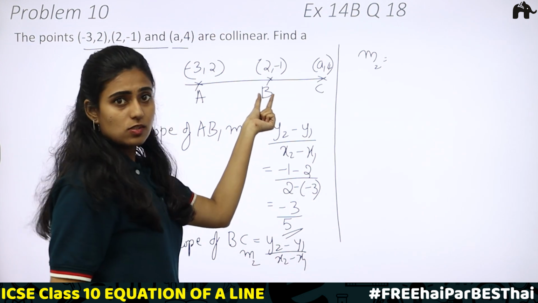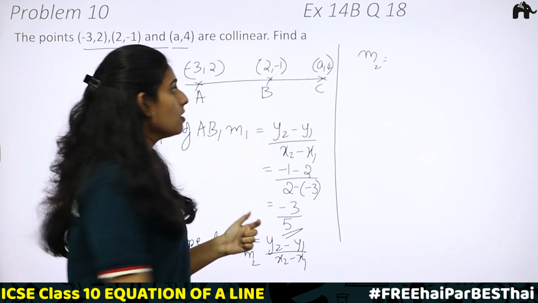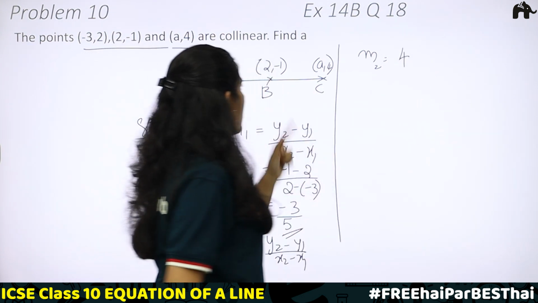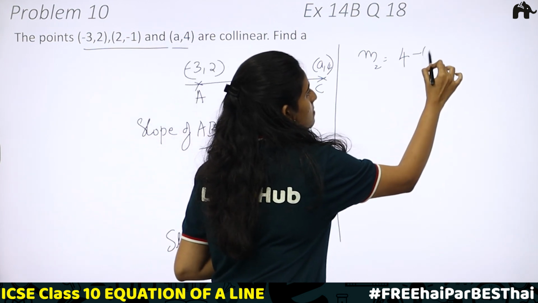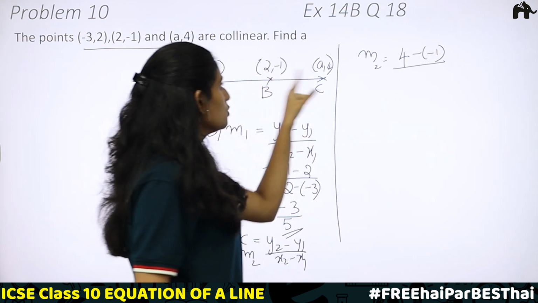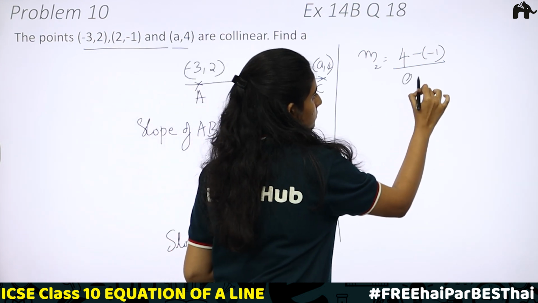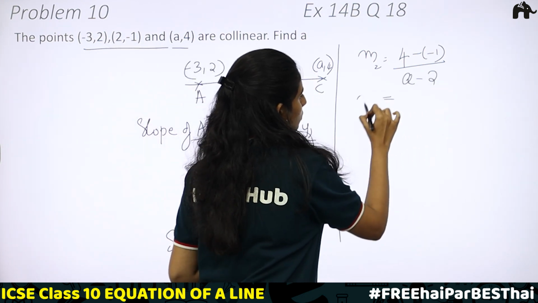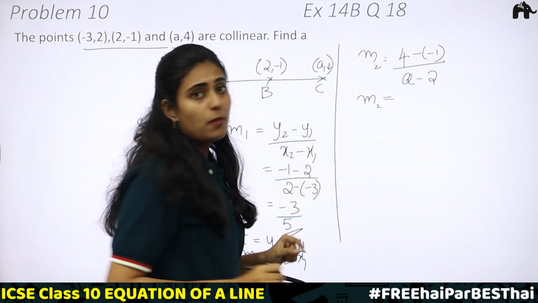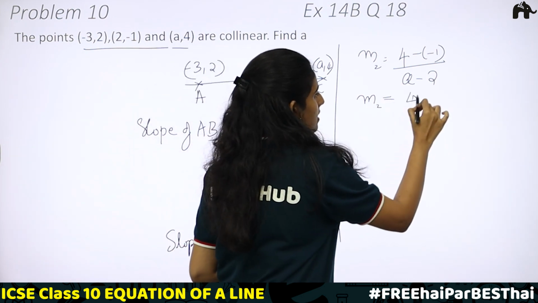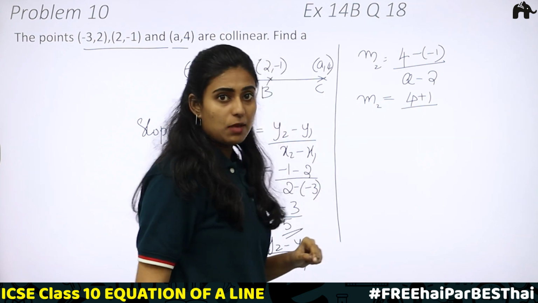Here this is x1, y1 and this is x2, y2. y2 is 4 and y1 is -1, so 4 minus of -1 divided by x2 minus x1, which is a minus 2. That is, m2 is equal to 4 plus 1 divided by a minus 2.